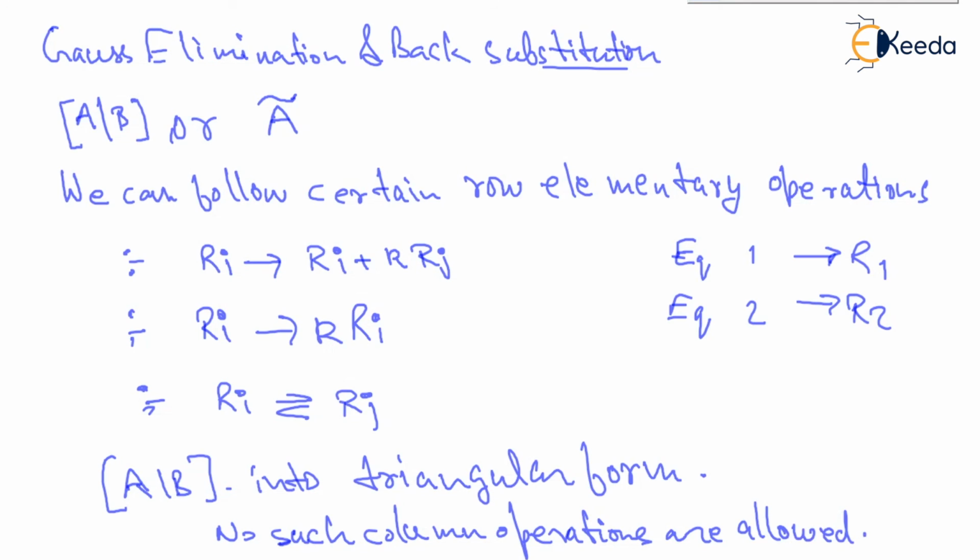Because if we apply elementary operations on the columns, it will change the sense of the equation and it will change the entire equation, and the solutions will also be different, right? So let's see one example.